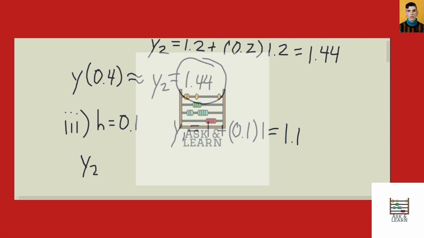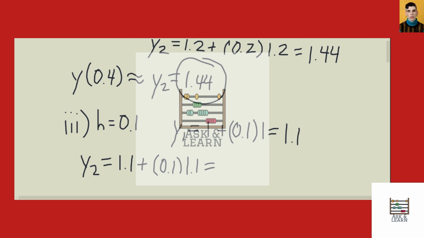Second step, y2, the value is going to be y1, which is 1.1, plus our step size, 0.1, times the value of our function y at the point 0.1, 1.1, which is simply 1.1.